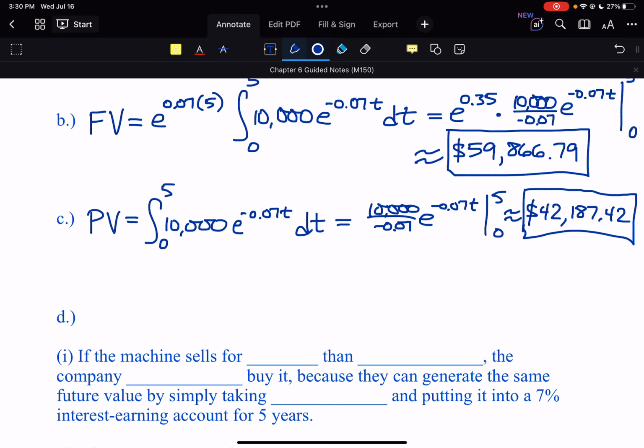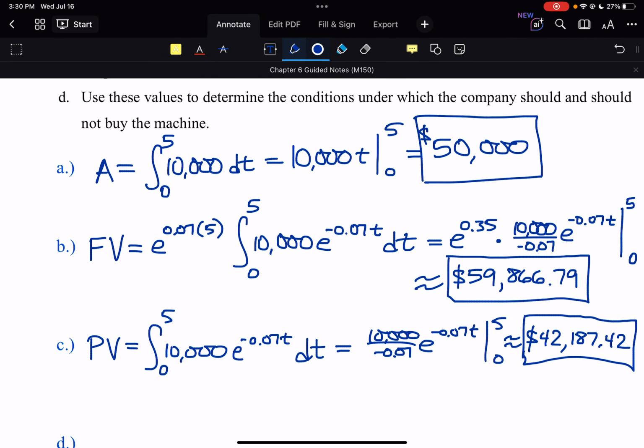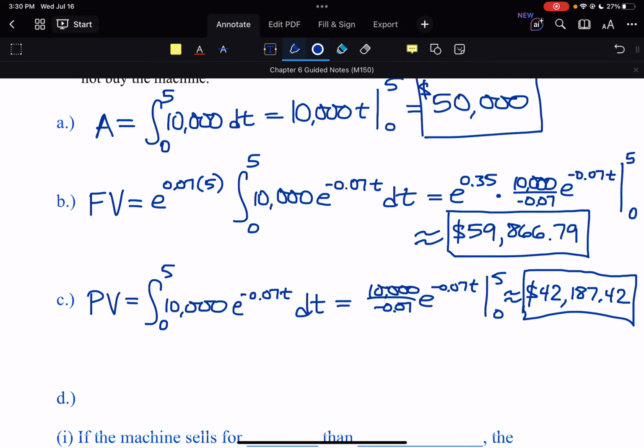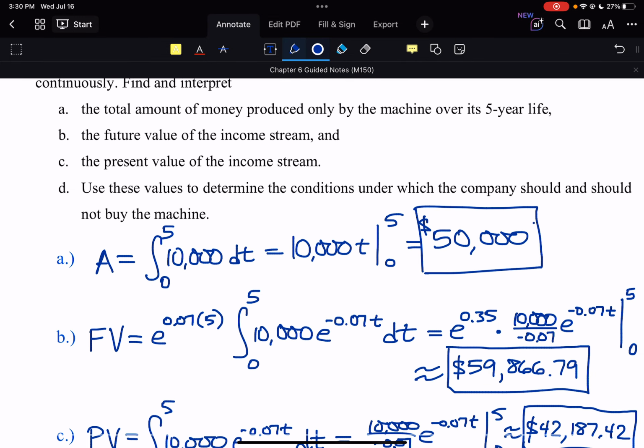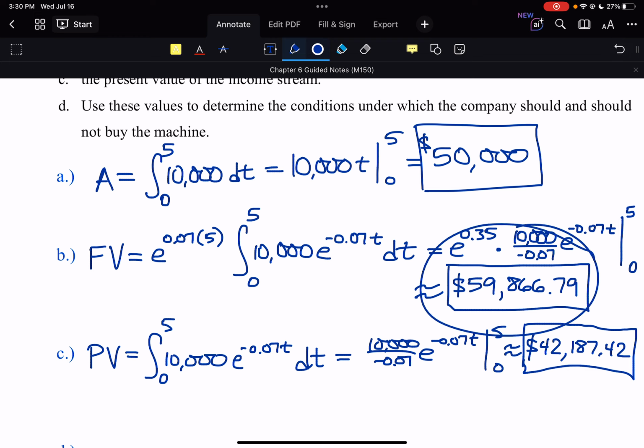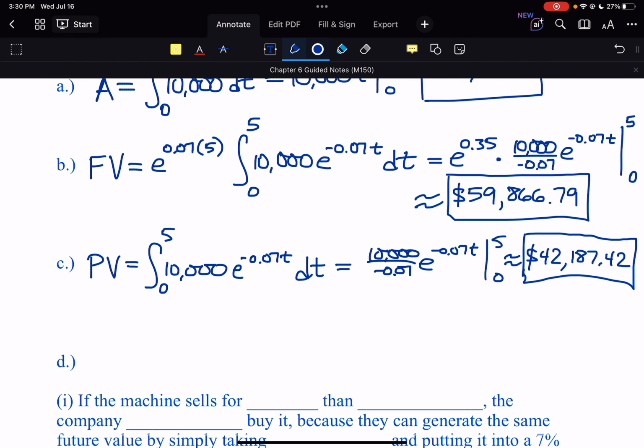So now it's asking us to use these values to determine the conditions under which the company should and should not buy the machine. So we have the amount of money produced by the machine, we have the future value of the investment of that money, and then the present value of the investment of that money.